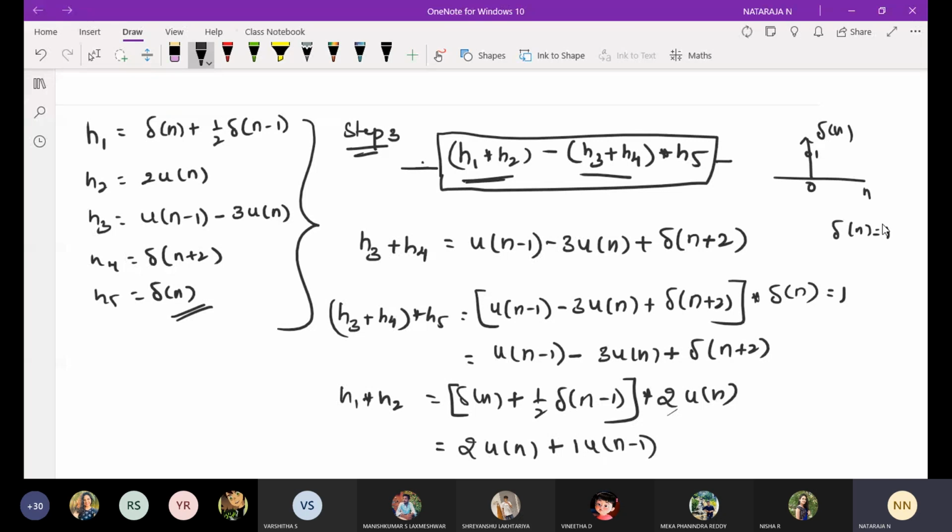Multiplying this, you will get delta of n minus 1, and the product will be the same with respect to u of n, because delta is equal to 1. This I am going to get for H1 convolved with H2. Now I need to add this one and this one, because it is H1 convolved with H2 minus of this. So finally, what will you get?